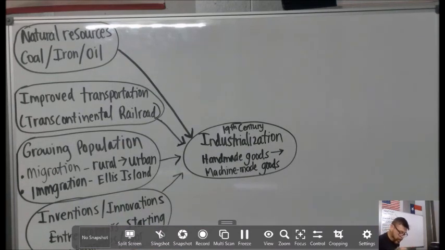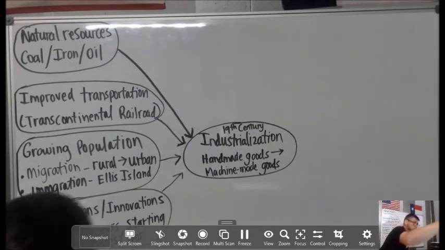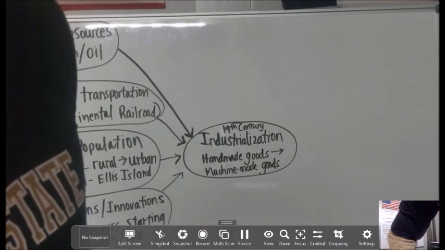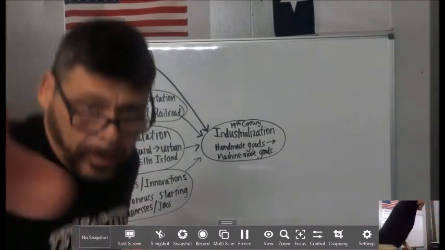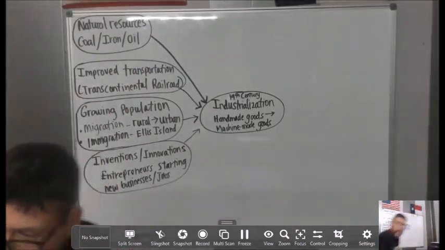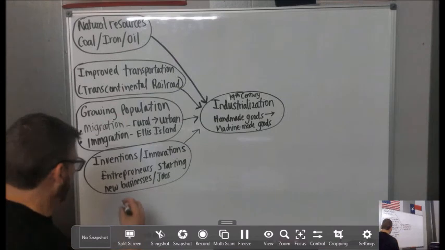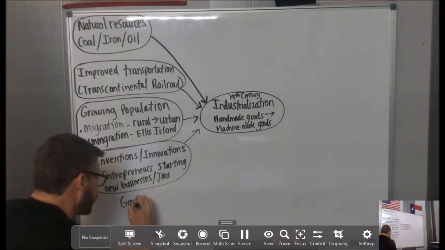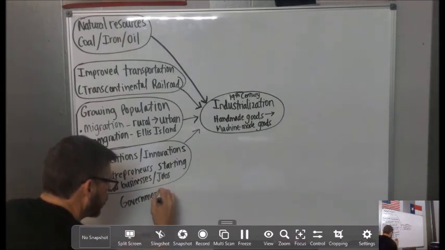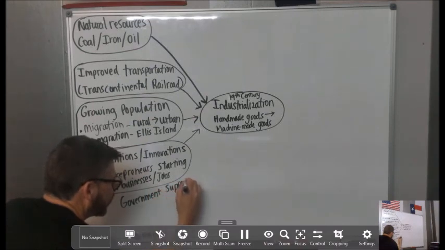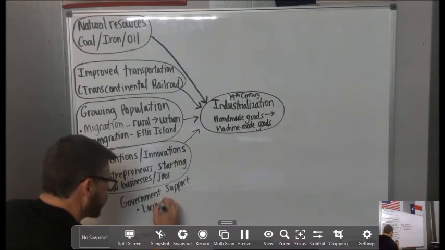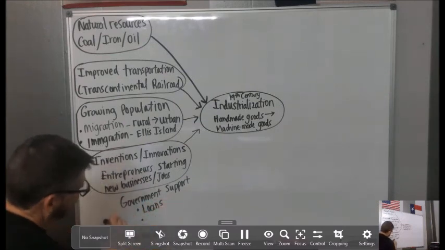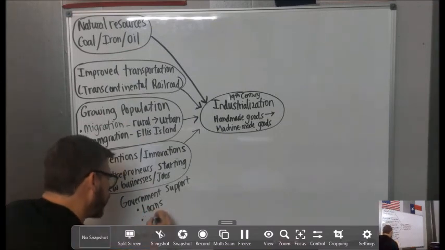And lastly, on this side, we're going to put government support. All right. So we've got government support, which the government provided loans and support for infrastructure.